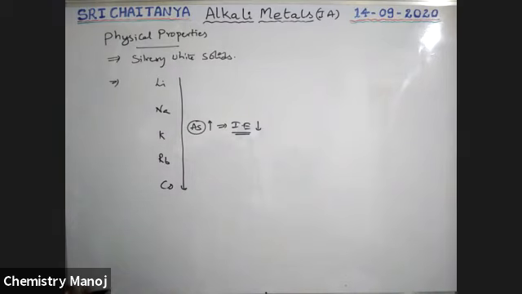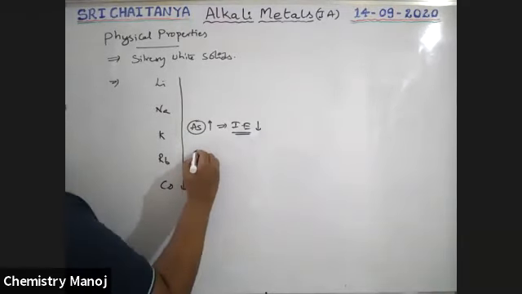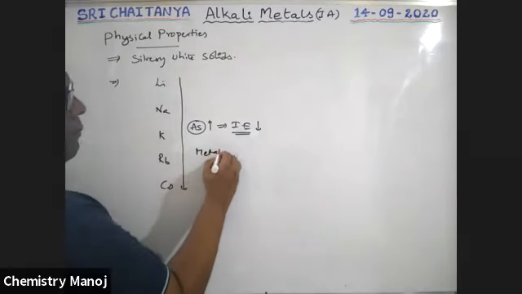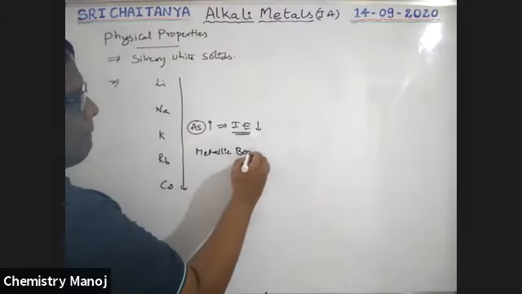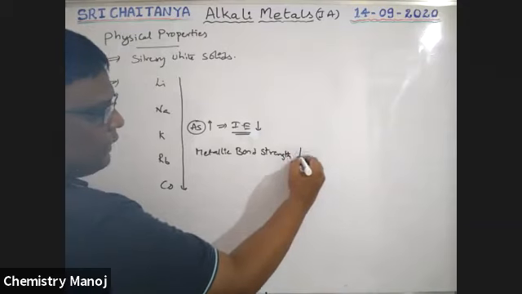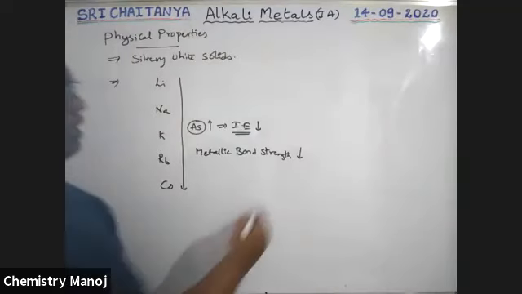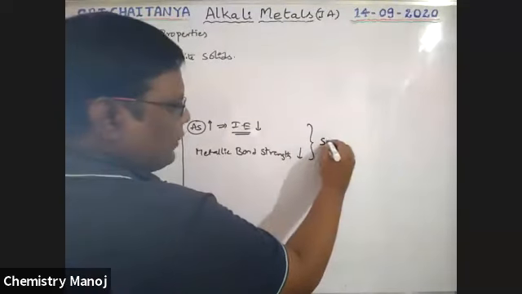Okay. Next, from top to bottom, metallic bond strength decreases, because no doubt all these are soft metals, boys.